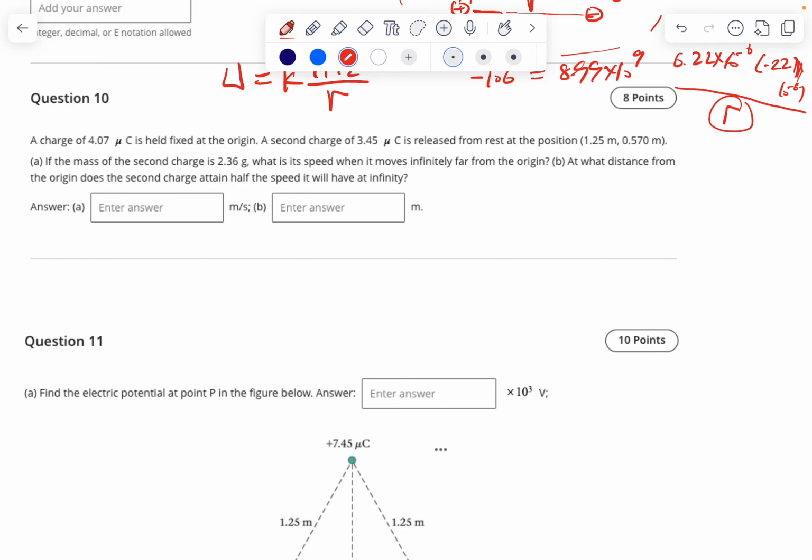Number 10. A charge of 4.07 microcoulomb is held at the origin. So here is the origin, and this is a positive charge. A second charge is released from rest at the position 1.25 and 0.50.